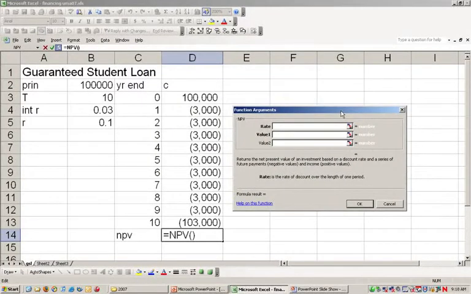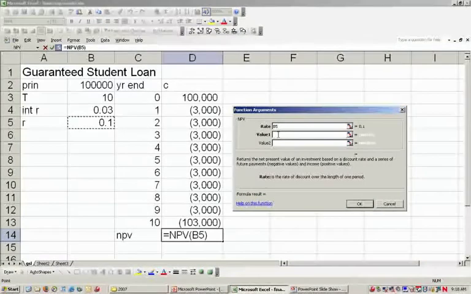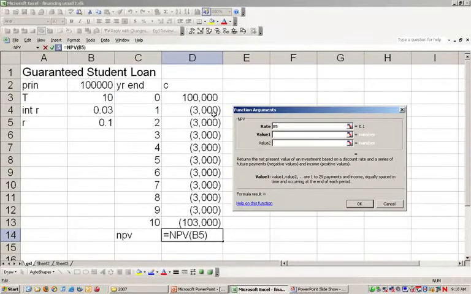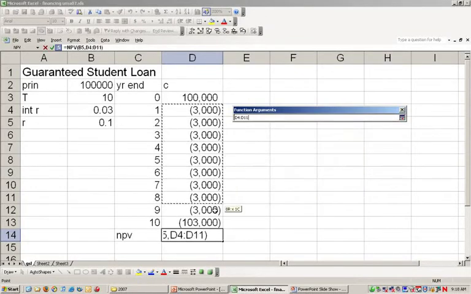The arguments are first the discount rate, and we're going to use 10%, which is the interest rate we would pay on our best loan alternative, which is a market rate loan of 10%. The values are the cash flows in years 1 through 10.